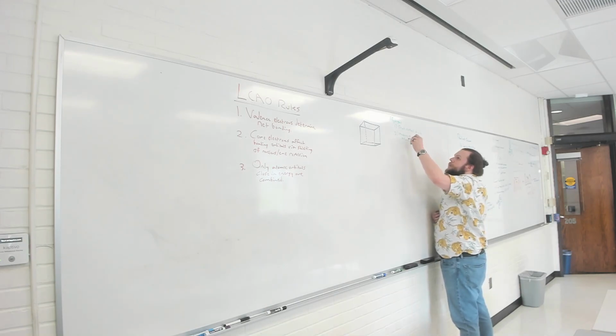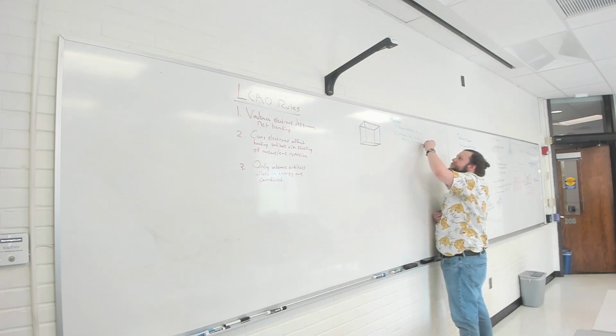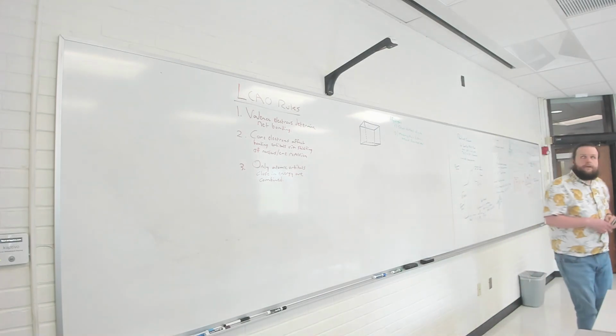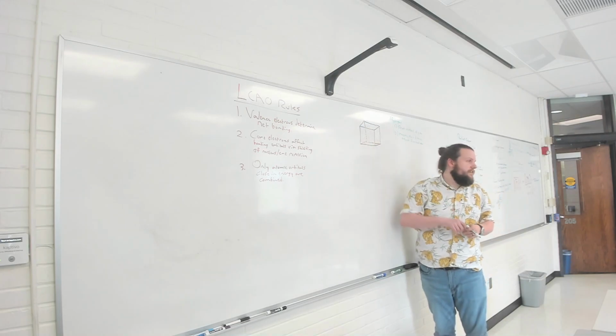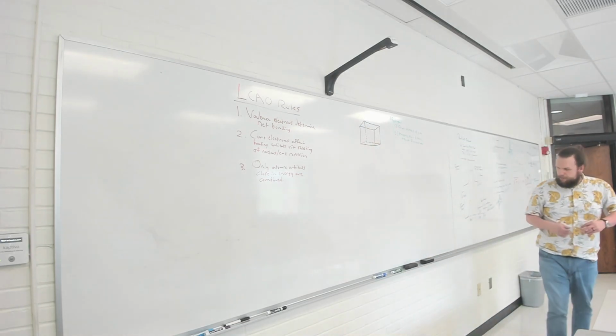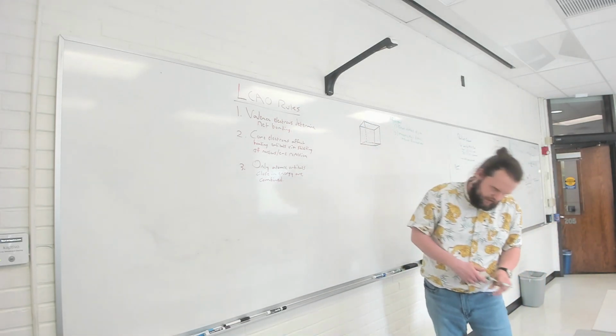They want to be as far apart as possible, but we need to maintain the symmetry of the system, which is a cubic, tetrahedral symmetry, so they're going to have to be at 4 different vertices that are equidistant apart as far as possible. And there's only one way to draw that effectively.